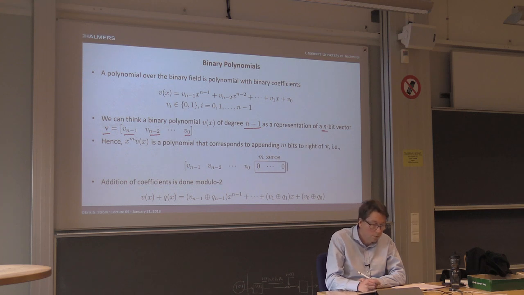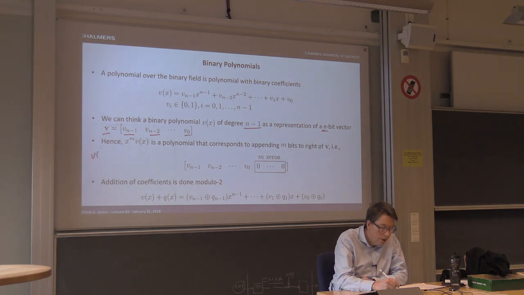So if we have v(x) being x plus 1, for instance, and we say x squared times v(x), what is that? Well, it's x^3 plus x^2 plus 0 times x^1, sorry, x^1 plus 0 times 1, right?